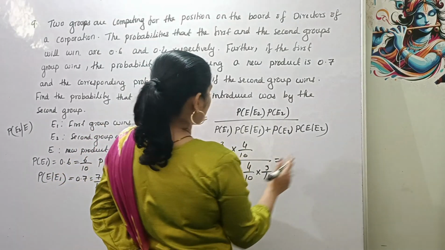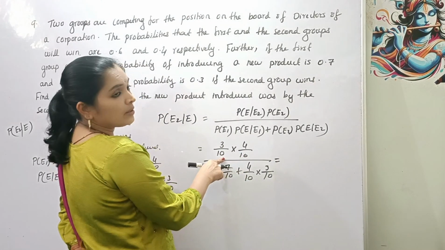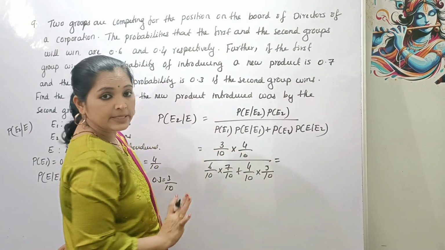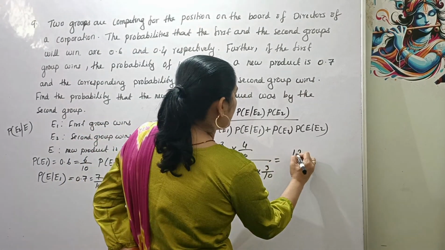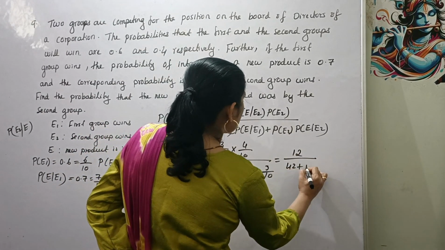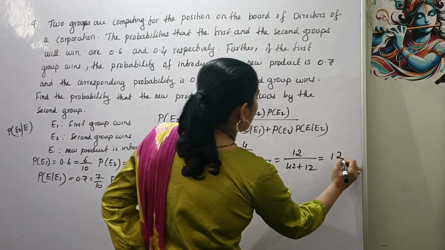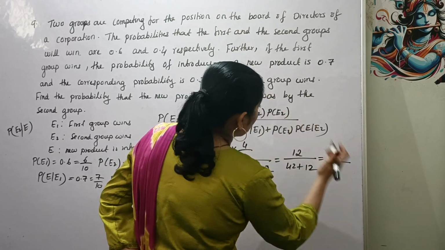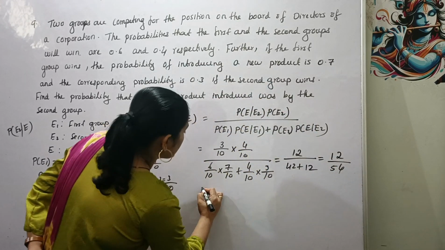Here the denominator 100 in numerator and denominator cancels. So 12 divided by 42 plus 12, that is equal to 12 divided by 54.